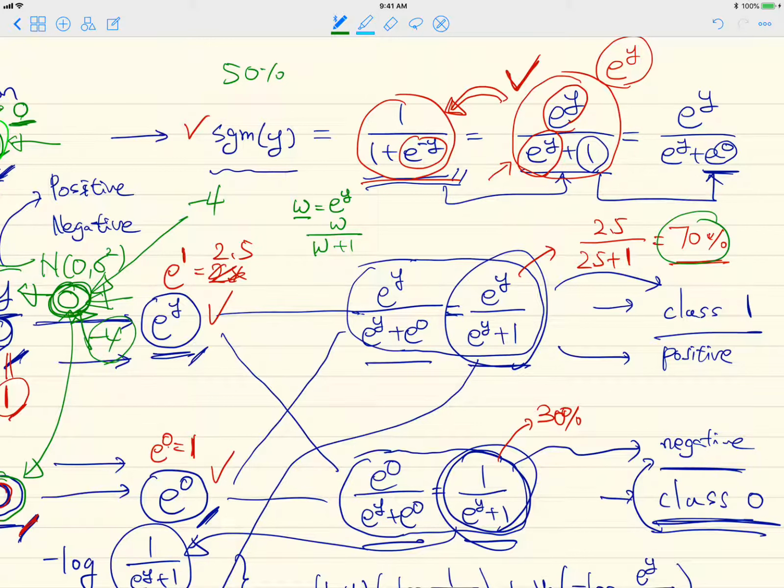If we follow these two steps, we can avoid the redundant computation of e to the power of y. But we typically use this form, because in that case we require additional memory or space to store this temporary variable w.